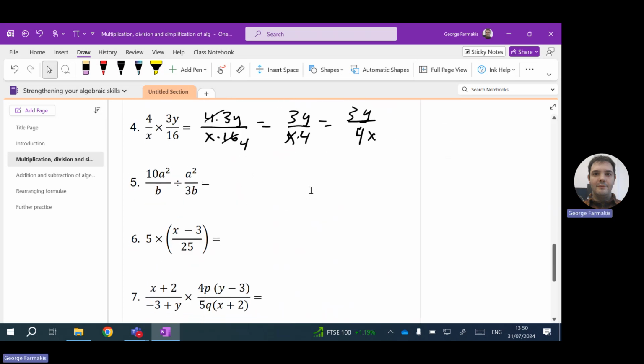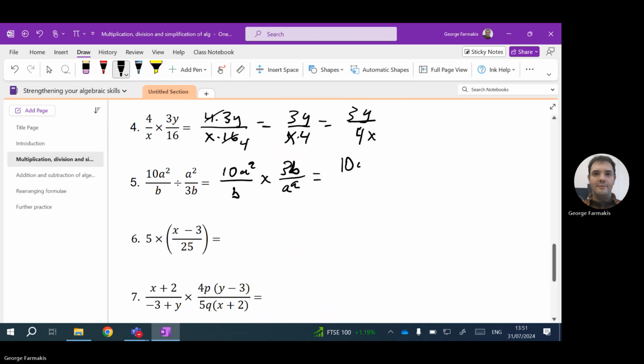Okay, let's do example 5. So 10 times a squared over b divided by a squared over 3b. Let's first apply the rule for division. The first fraction stays as it is, so 10a squared over b. Division becomes multiplication, and then we change numerator with denominator, so we have 3b over a squared. Let's apply the multiplication rule.